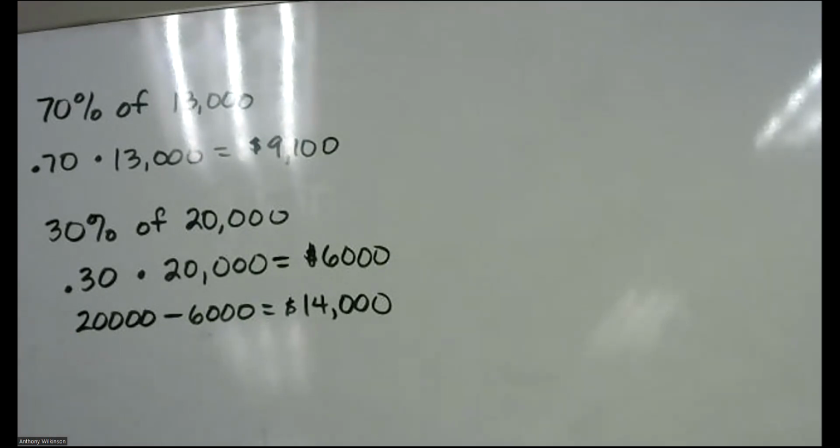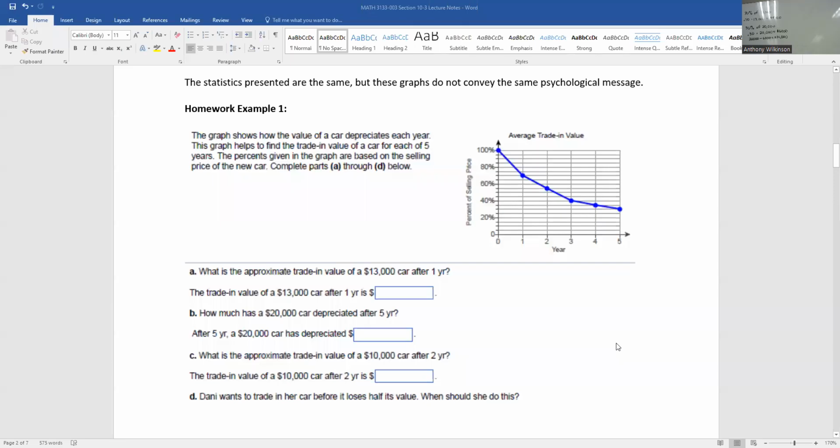Okay, now part C. What is the approximate trade-in value of a $10,000 car after 2 years? Well, there's 2 years. So here's the point where that's at. And let's find out what the percentage there would be. It's 55%.